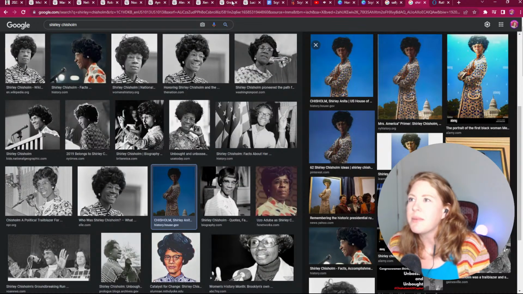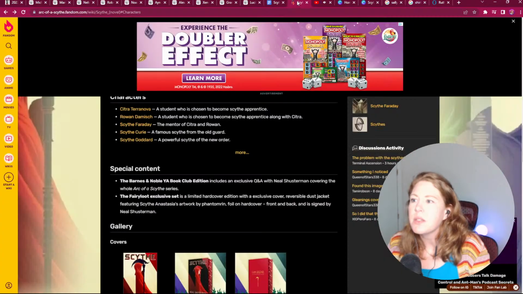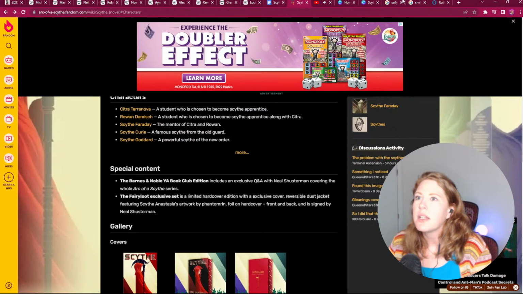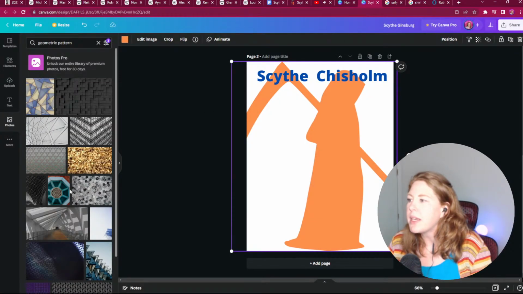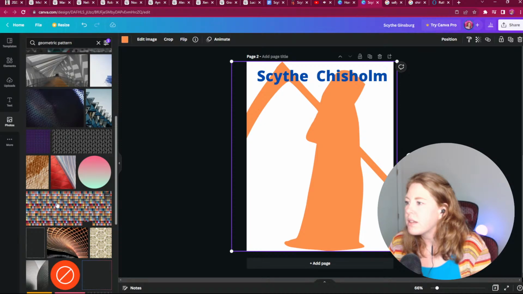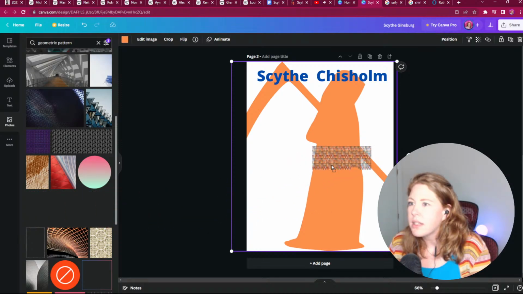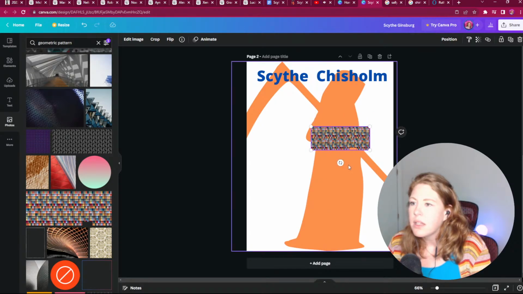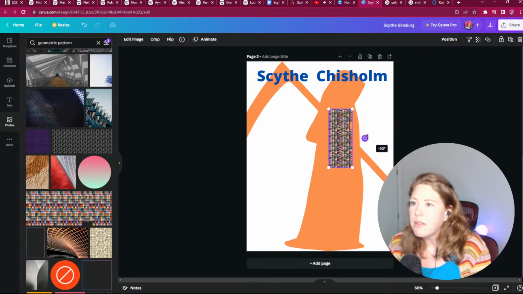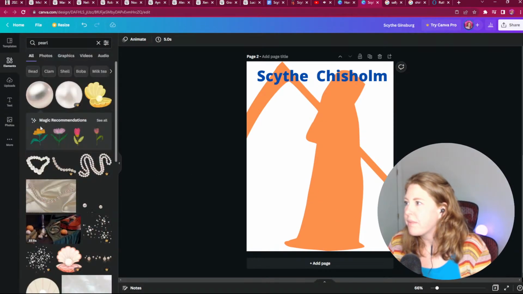Yeah. Okay, so I need some kind of funky pattern to put on here. Maybe I can do that. That looks like a cool pattern, actually. I don't know if I can make it fit. Wish there were a way. Actually, there might be.